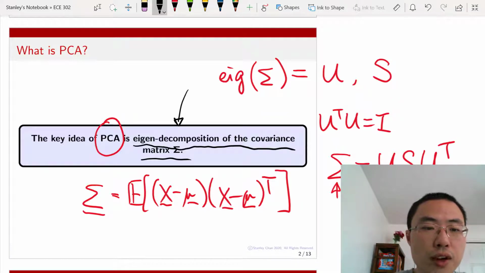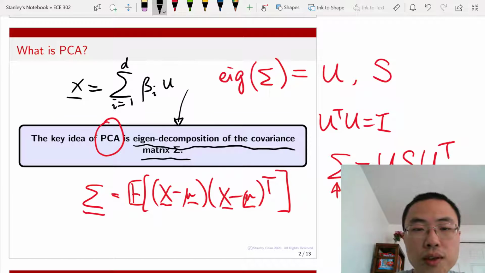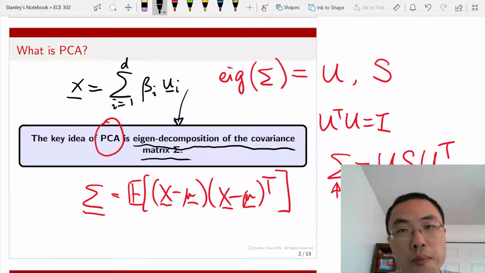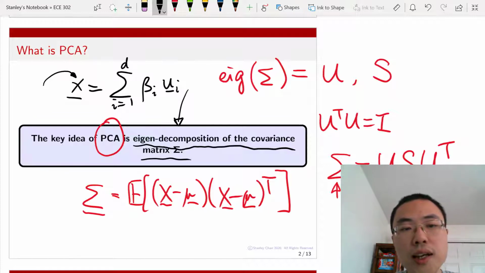When you have any vector, you can write it as a linear combination, i going from 1 to a certain dimension d, of some coefficient b_i times your u_i, where u_i is one of the columns of this matrix U. So essentially what you're saying is that for any data point x, I am going to express it as a linear combination of my eigenvectors.